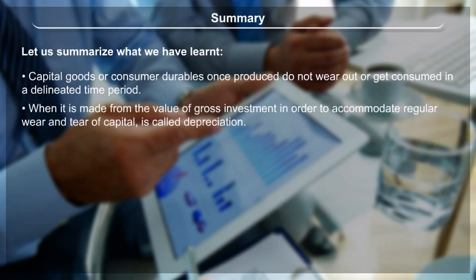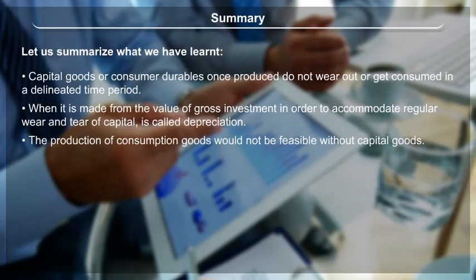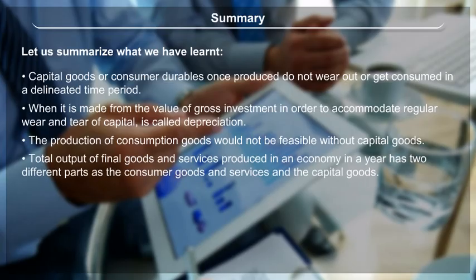When it is made from the value of gross investment in order to accommodate regular wear and tear of capital, it is called depreciation. The production of consumption goods would not be feasible without capital goods. Total output of final goods and services produced in an economy in a year has two different parts: the consumer goods and services and the capital goods.